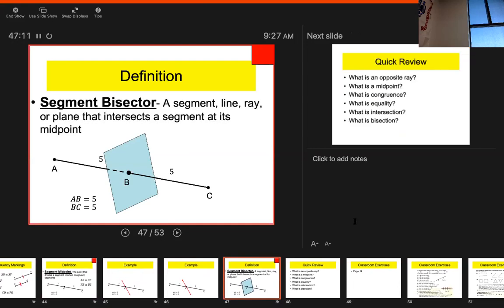Write it down. Segment bisector. So it's got something to do with midpoint, right? B is the midpoint. If you have a geometric shape that intersects that segment at its middle, we call it a segment bisector. So it could be a line, a ray, or a plane.